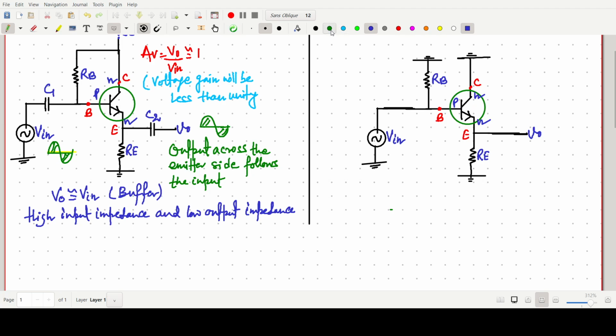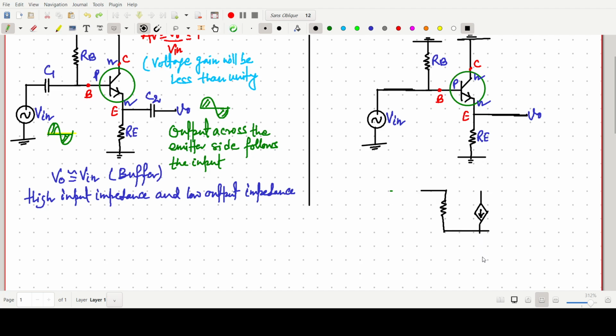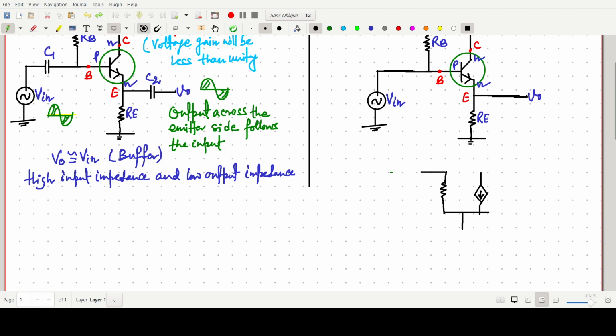As we know how to draw the AC equivalent model for this transistor, first of all I am just drawing the AC equivalent model for this transistor. This should be ground.